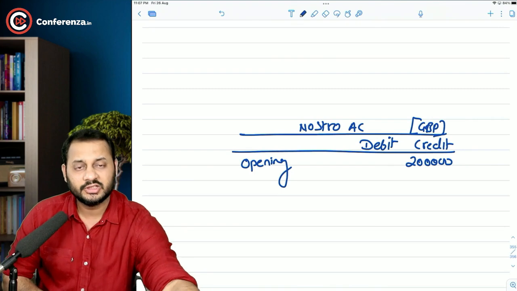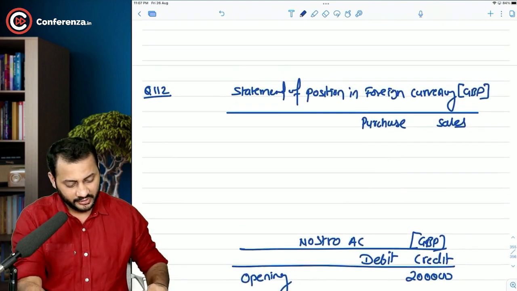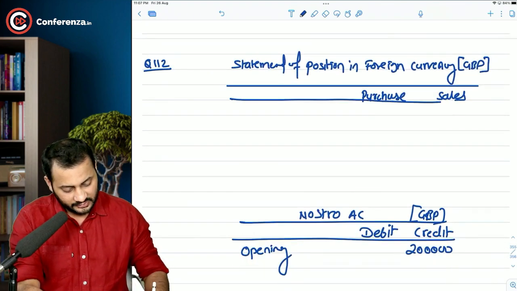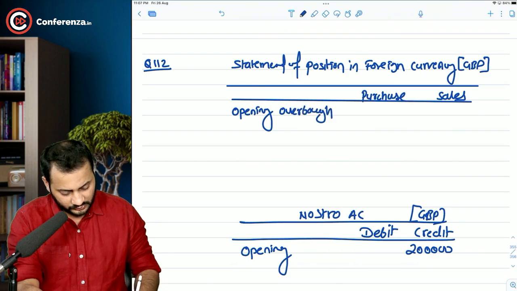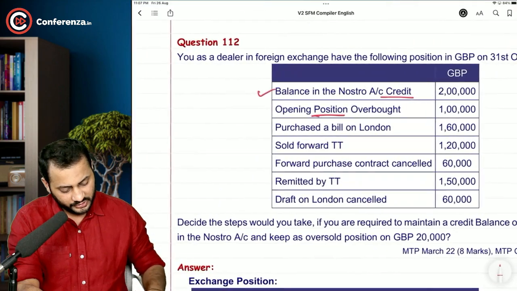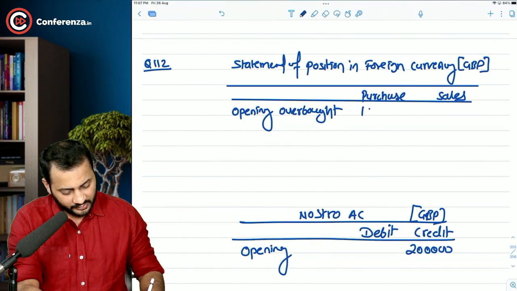So the net position is purchase or sale. That's what you are going to write down. So it's like this: opening overbought. Since it's an overbought position, we will write it in the purchase column, 1 lakh GBP.